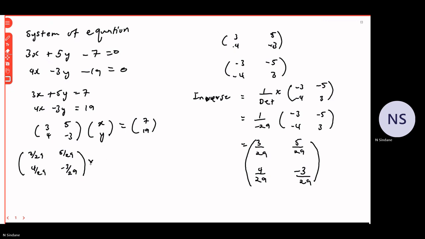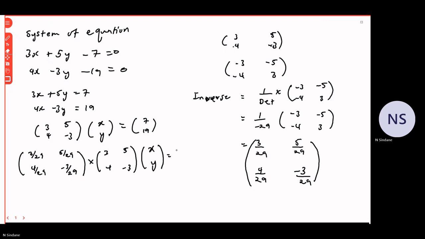This must be multiplied by the original matrix, 3, 4, 5, minus 3, so that we can remove it. Then I still have my x and my y.